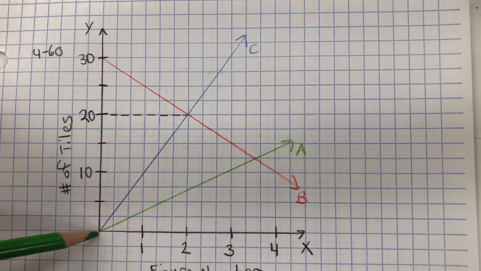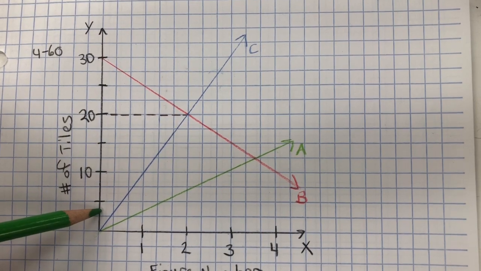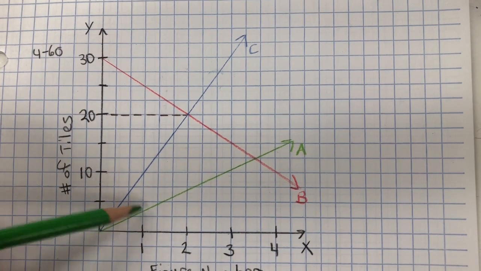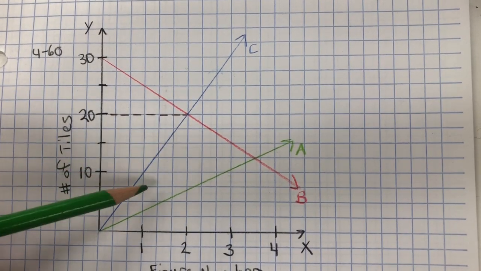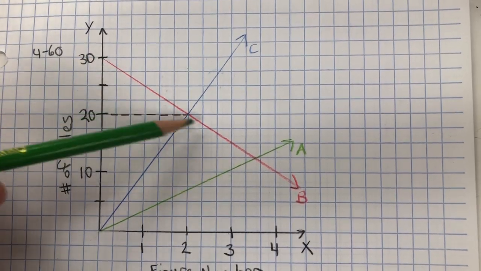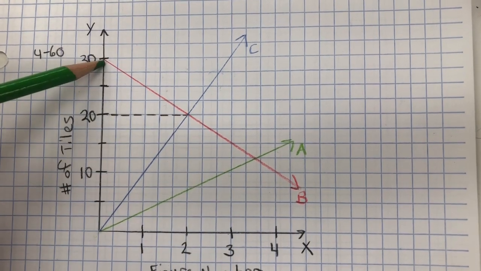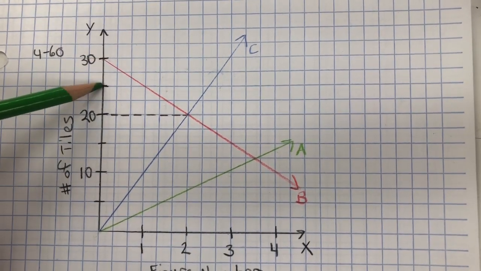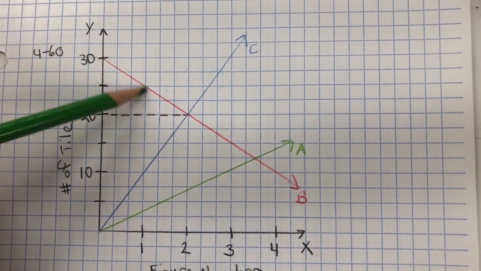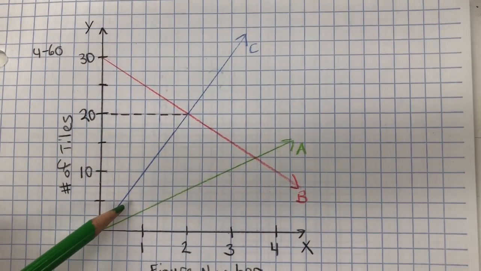A is only growing approximately 3 tiles per figure number. So you can see pattern C is growing much quicker. And pattern B is decreasing. It's losing tiles, and it looks like 5 tiles per figure number. So pattern C has the quickest growth rate.